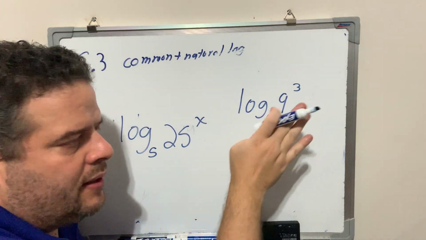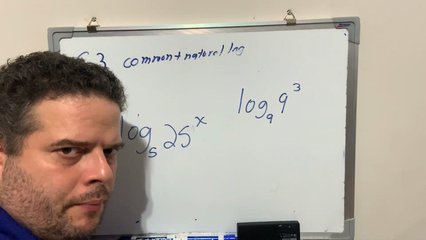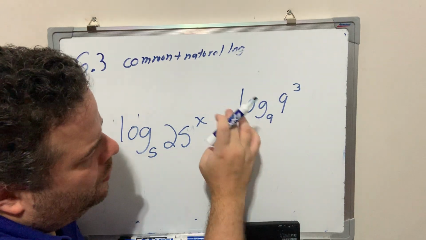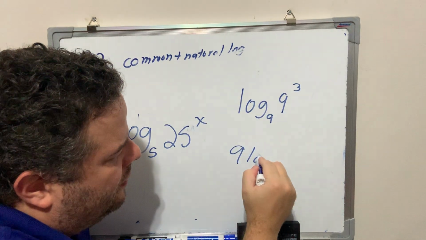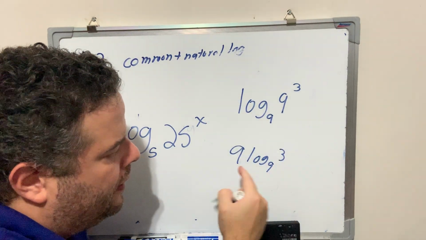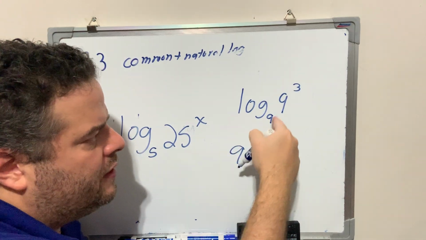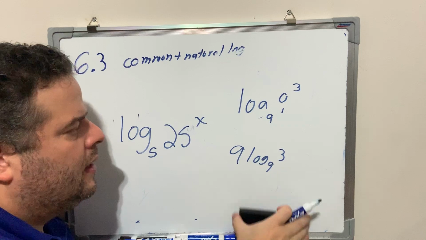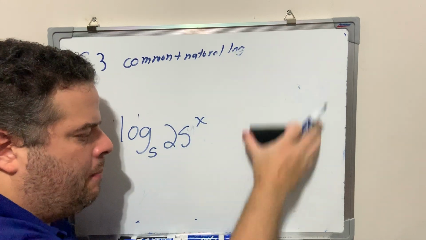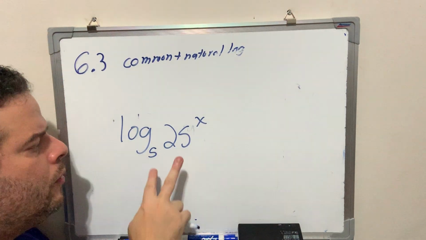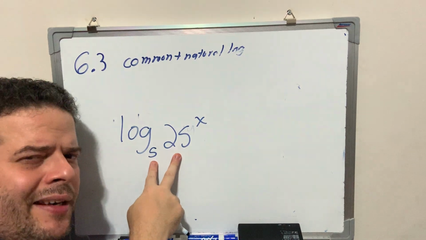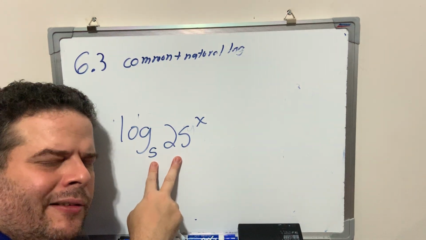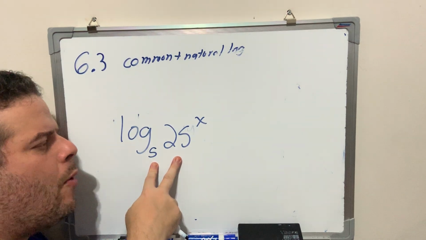It would just cancel out, and you end up with a 3. This would not be the same as 9 times log 9 of 3. This is a multiplication, but this is fine. This base is identical to this log, so it would cancel out. And this is going to help you with this example. Now, right now, these two numbers are not identical, so I can't cancel it out per se.